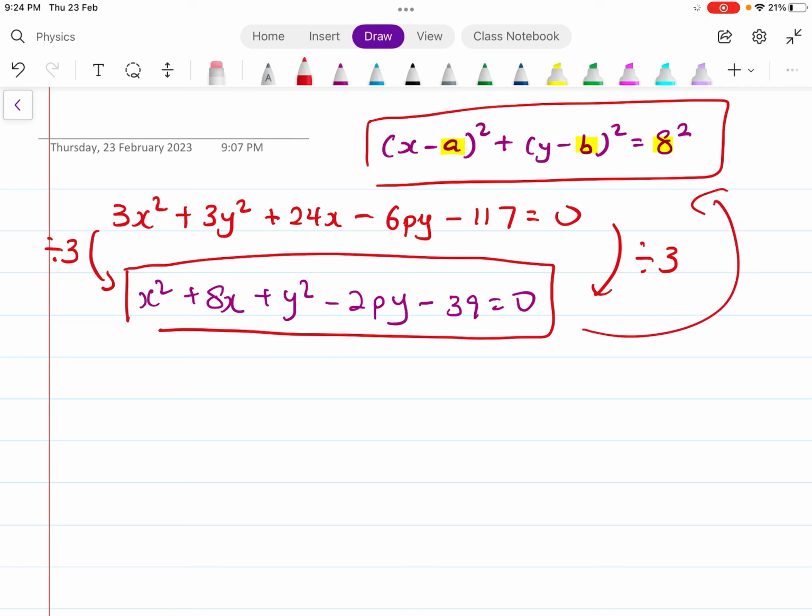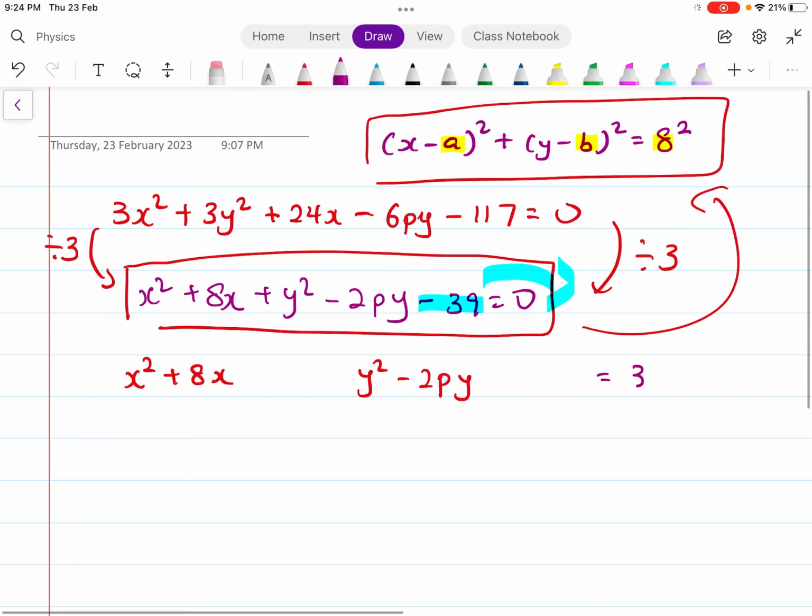For me, I will complete the square. You put all the x's together, x squared plus 8x, and y squared minus 2py, then move the minus 39 to the right hand side, so it equals positive 39.